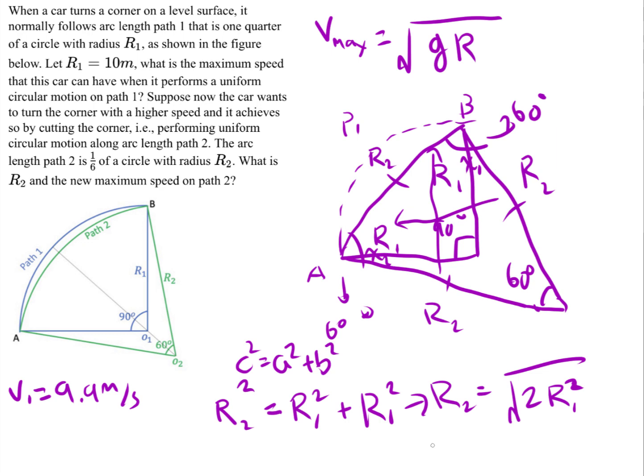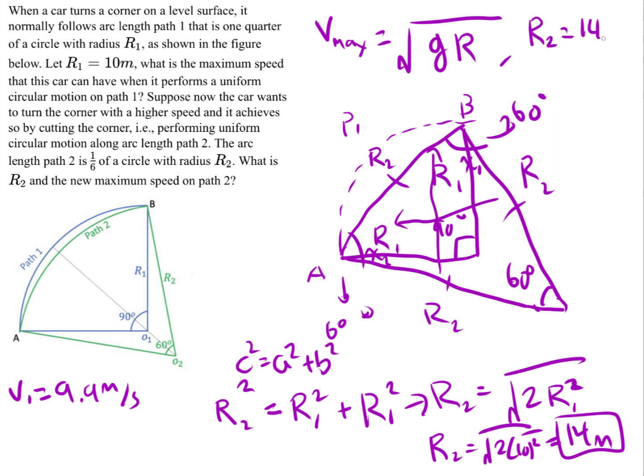Now we can plug in the numbers: the square root of 2 times 10 squared, which is about 14 meters. So R2 is approximately 14 meters.